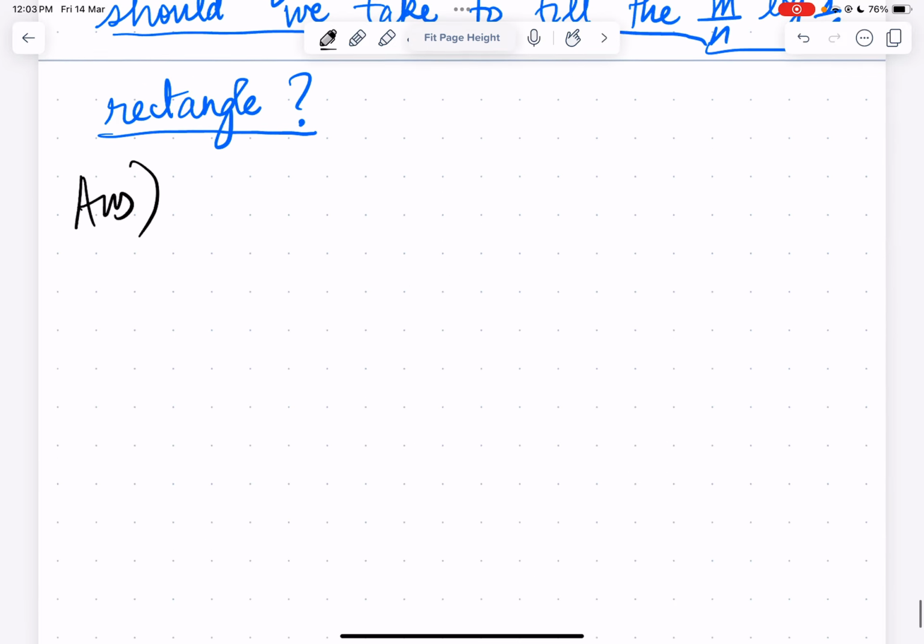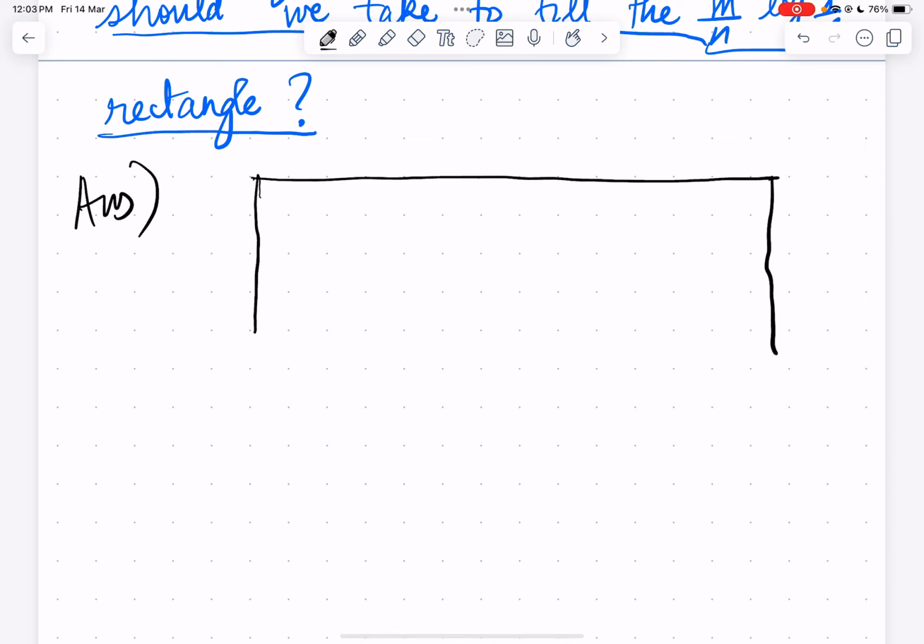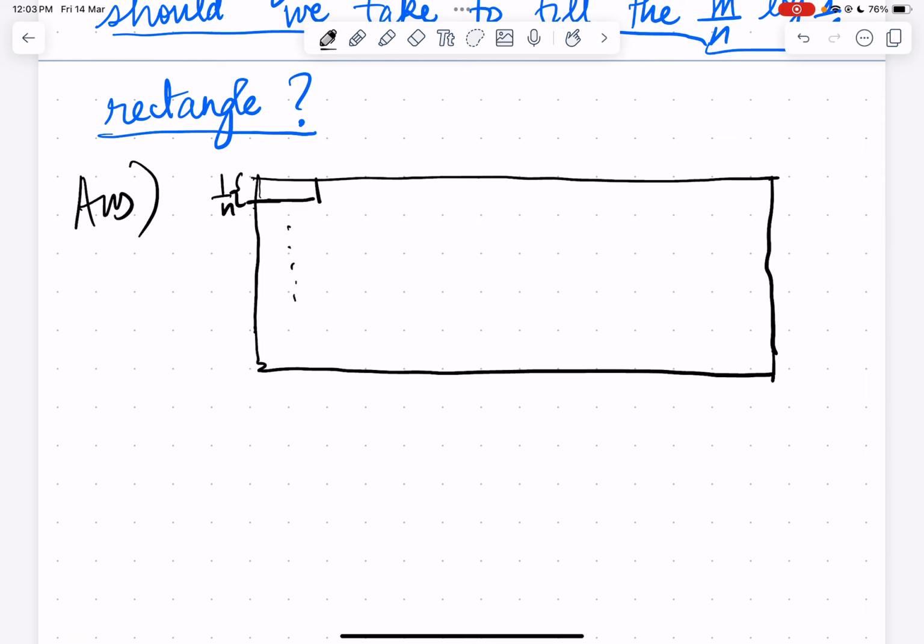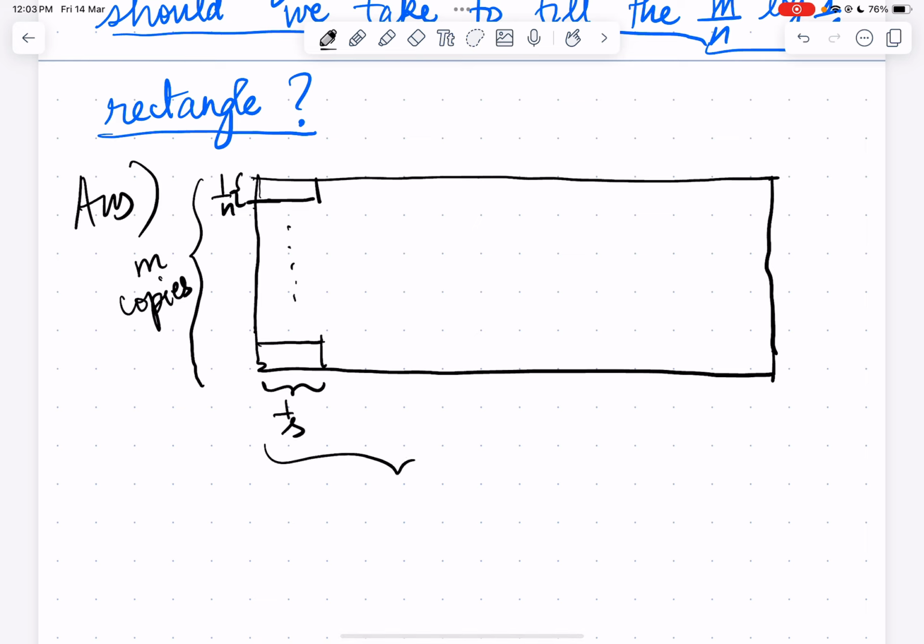Firstly, we can divide the m by n by r by s rectangle. One side we can consider as segments of length 1 by n, m copies of length 1 by n, and on the other side we can take r copies of the length 1 by s.